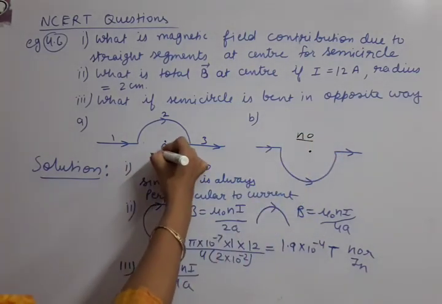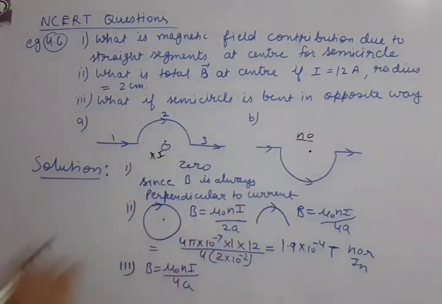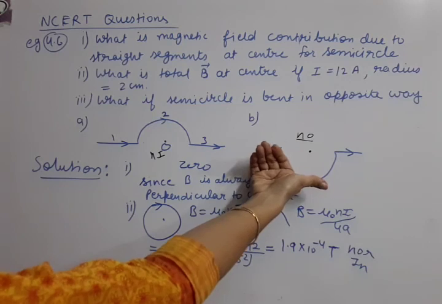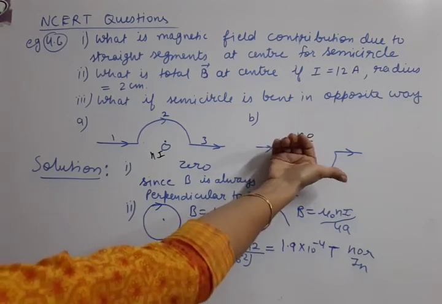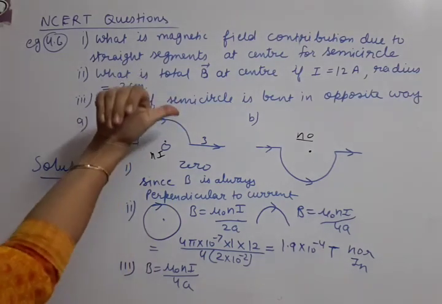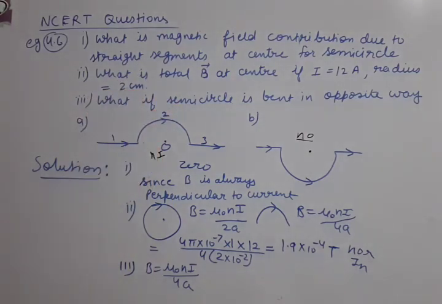Normally inwards and normally outwards. You can hold it, that thumb is pointing current direction, and you see that fingers are coming out here. But for the earlier case, fingers will curl and turn in at this point. So in the third case, the change is in the direction. Direction is reversed.